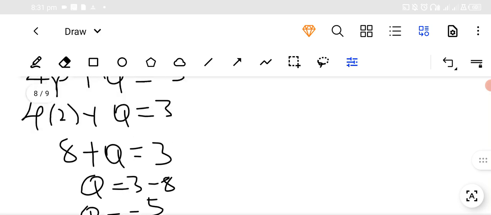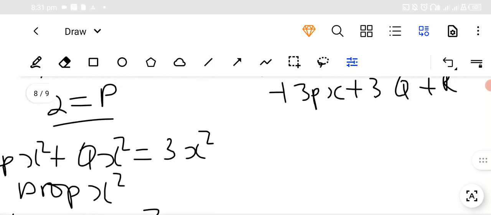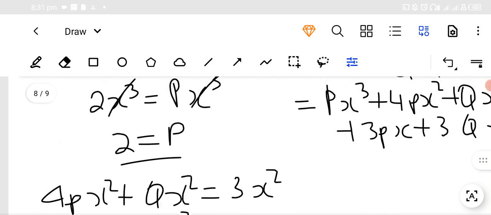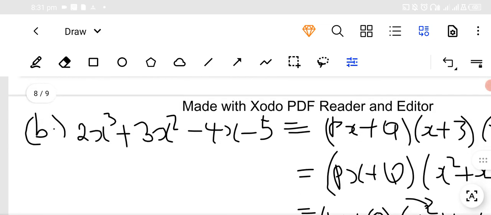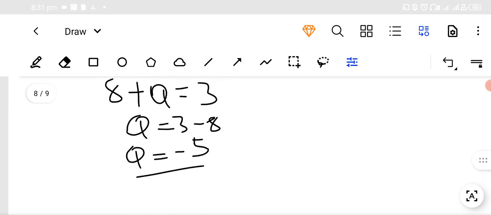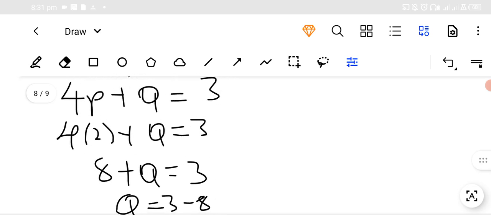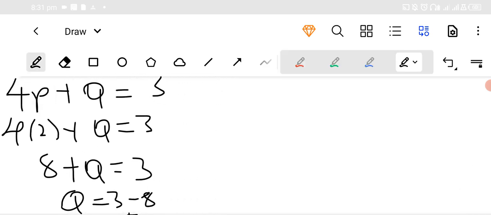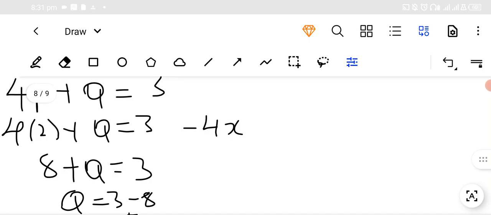side by side. You could have used the x term, where, for example, the x term here is negative 4. So let me try to do this fast, to reduce the time of the video. Here at negative 4x, let me just confirm.